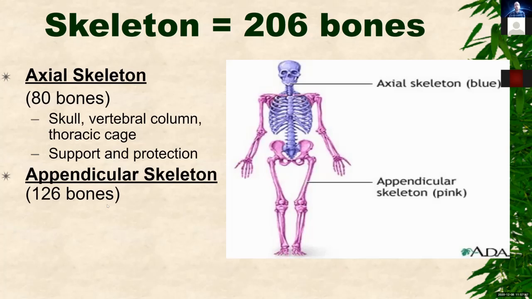But then the other part of the 206 bones, which happen to count out to 126 bones, is what we call the appendicular skeleton. The appendicular skeleton.